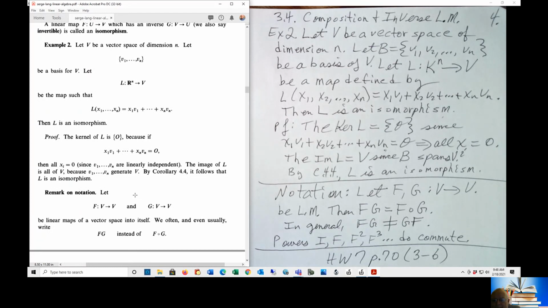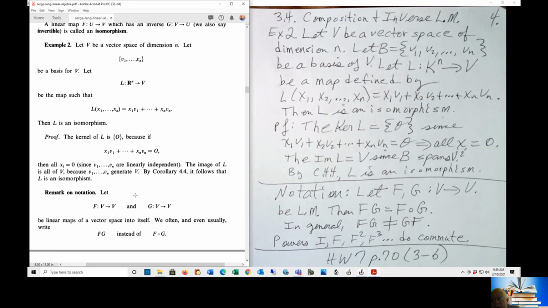Let L be the map defined from Kn to V by L mapping an ordered n-tuple, (x1, x2, ..., xn), to the linear combination of the basis vectors of V: x1 v1 plus x2 v2 plus dot dot dot plus xn vn. Then we're claiming that L is an isomorphism.